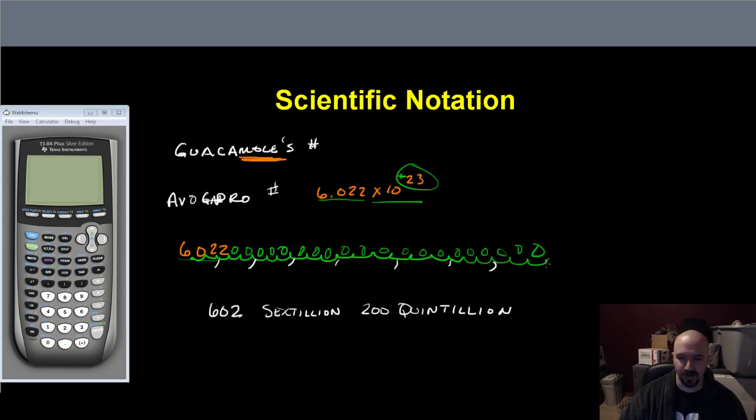If this was your number, this was your decimal point right here, you just simply move it until you have a number between 1 and 10. Has to be strictly less than 10, but it can be 1. So the number that we have in front wants to be between 1 and 10. That's the rule for scientific notation.